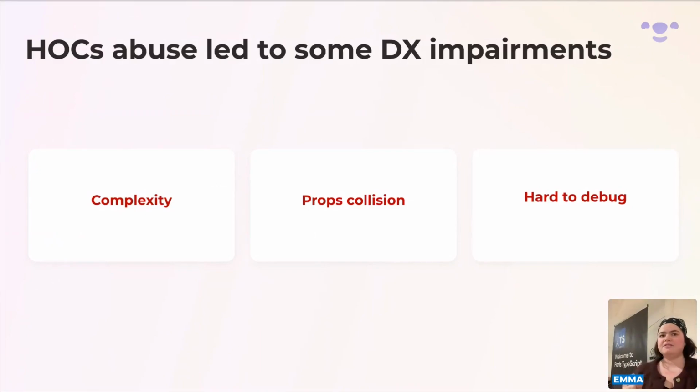Like if a component tinkers with specific props, but then deeper another higher-order component tinkers with the same props, in which order should I put them in order to avoid some side effect that I didn't think about? And then it's very hard to debug. I don't know if you have tried to put a breakpoint in higher-order components. Don't do that, it doesn't work.